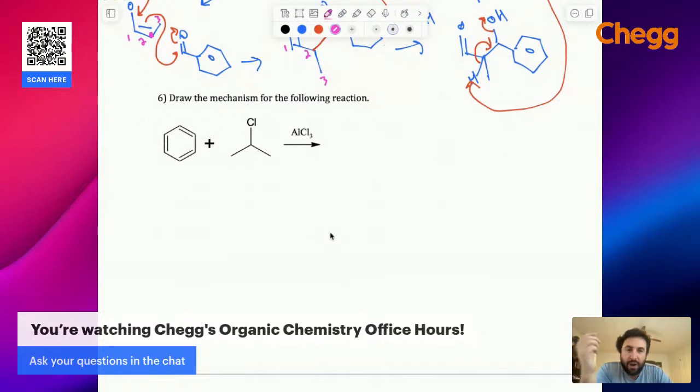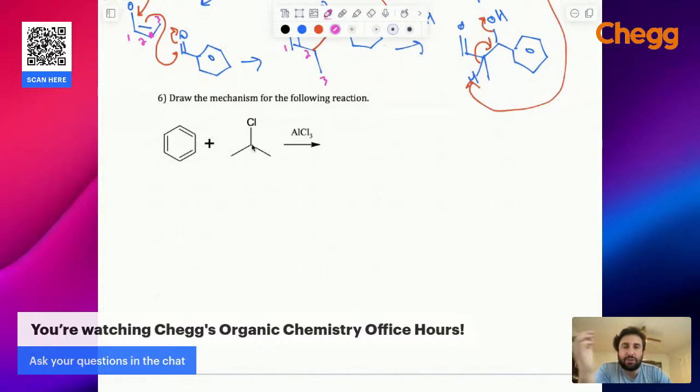So when we are doing electrophilic aromatic substitution, we've got some aromatic compound, often benzene or a benzene derivative. We have some electrophile, and then we have some catalyst, right? The reason that we need the catalyst is that this reaction won't happen without it. The benzene ring is not going to do an SN2 on this carbon.